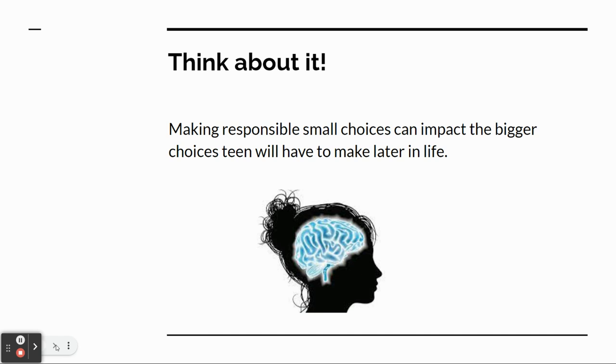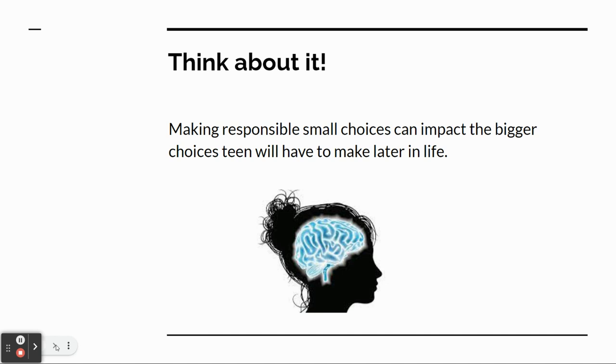Students' areas of their brains that deal with decision making are not completely formed until they're in their mid-20s. So we have a lot of work to do with modeling that behavior and reinforcing that behavior, giving students opportunities to make sure that they have chances to make mistakes, and not just jumping quick to correct those mistakes, but allowing the student to understand that mistake and problem solve on their own first before immediately reaching out for help.